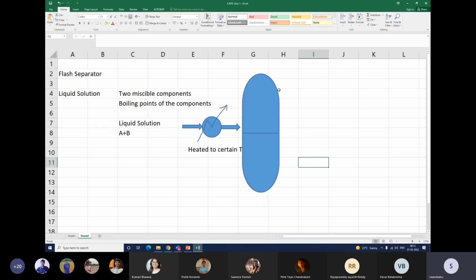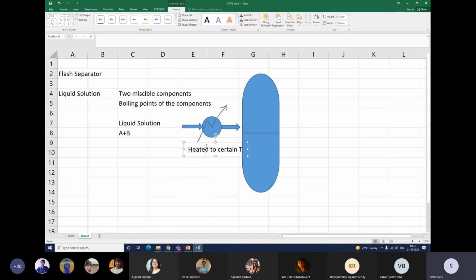This empty chamber has a certain high volume. Let's say you take a liquid at room temperature and heat it to a certain temperature.